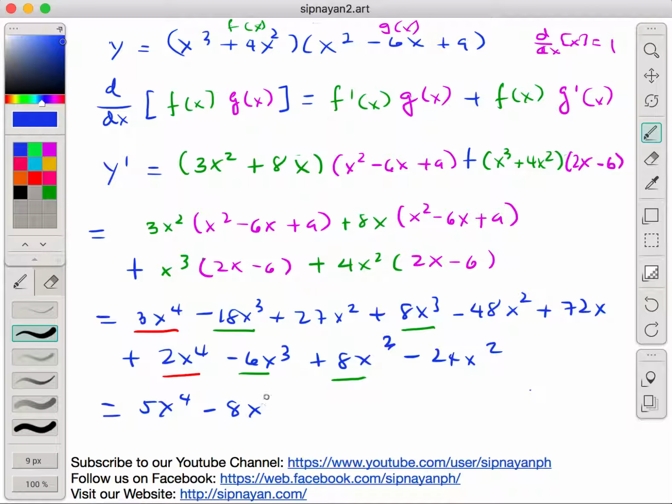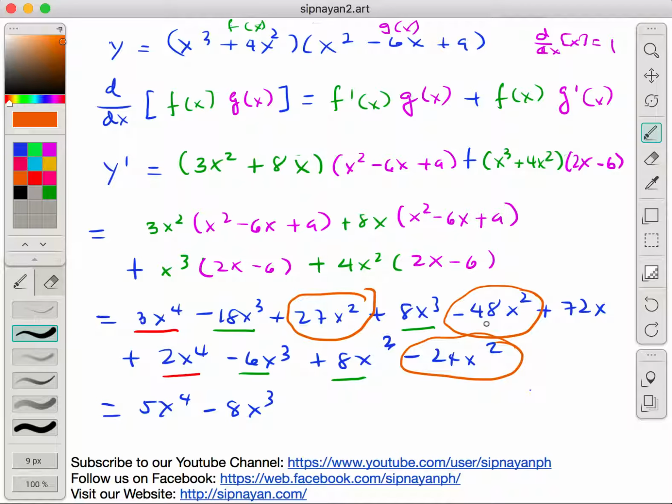Minus 8x cubed. What about yung x squared? Meron akong 27x squared. Tapos meron akong minus 48x squared. I still have a minus 24x squared. I have a 27 and I have a minus 24. So, therefore, I have a positive 3.